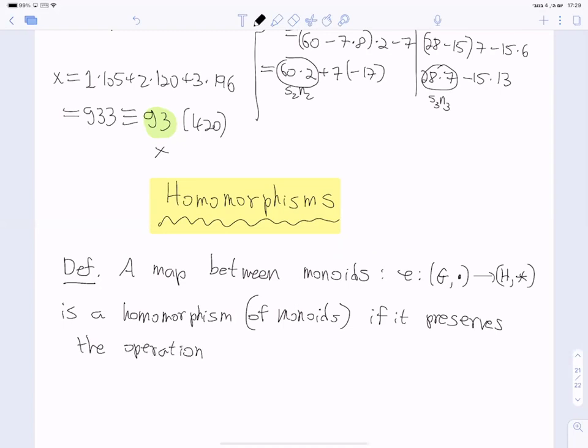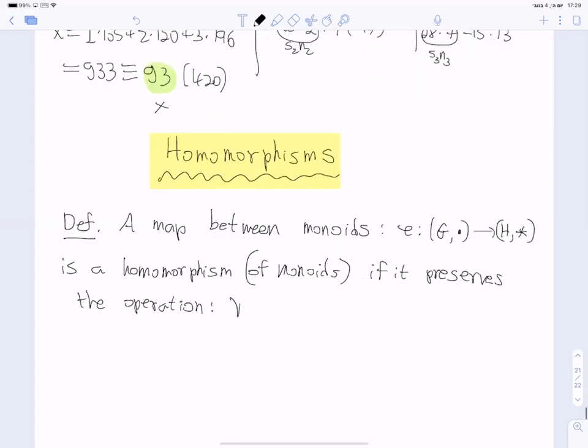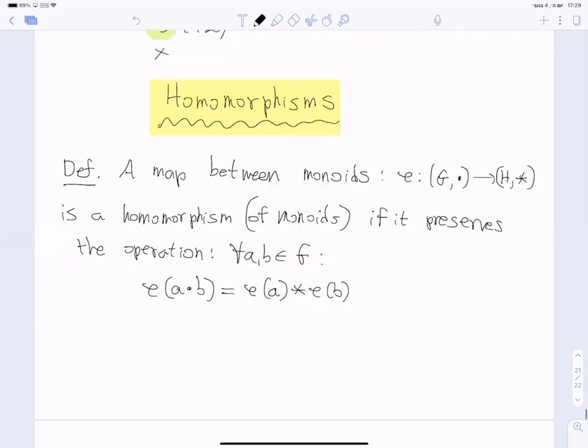Which means that for any A, B in G, phi of A dot B, whatever this operation is, is equal to, if we first take the image phi of A and then we do the operation in H with phi of B. Okay, so this is the definition. We have seen it before.